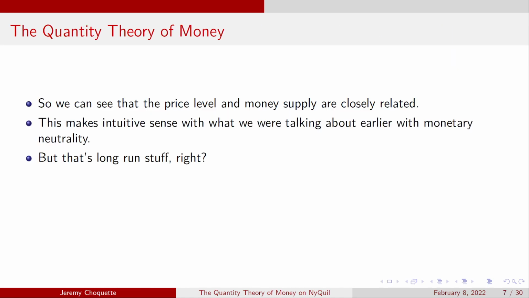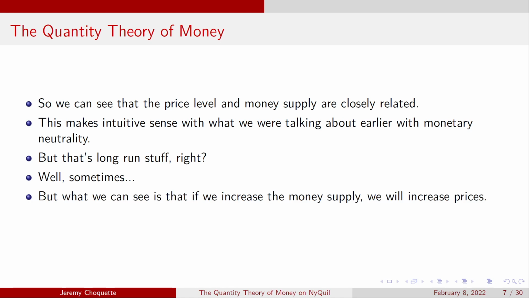Right? But, wait a minute. I thought monetary neutrality was long-run stuff. And, well, it is sometimes. But what we can see is that if we increase the money supply, prices will increase as well. And that's fairly easy to think about here because if we increase the amount of money going around, but we're not changing the amount of stuff that we're making, what happens is the price of that stuff that's being made goes up, right?